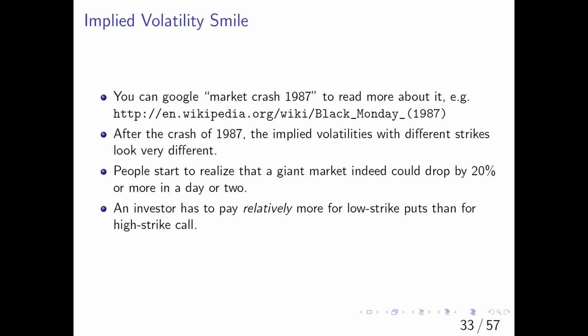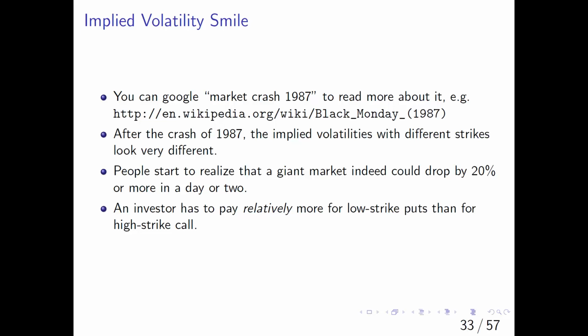This is one reason. The second reason is that market makers, for example investment banks, don't want to sell out-of-money puts too cheap because it's a real risk. The market could crash. If everybody wants to buy out-of-money puts from you, you simply don't want to sell them too cheap. When you sell it, you are putting on some risk, so you want to sell at a reasonably high price.